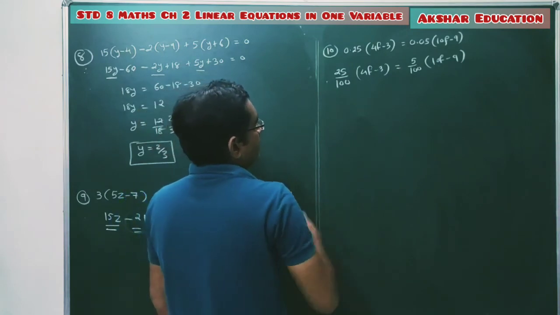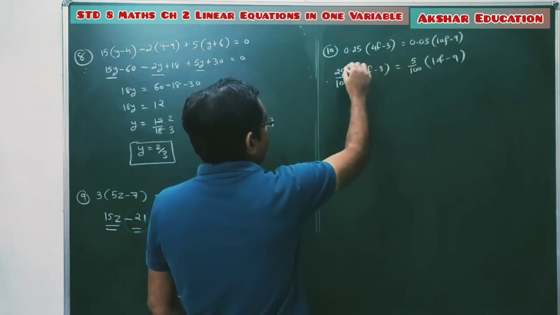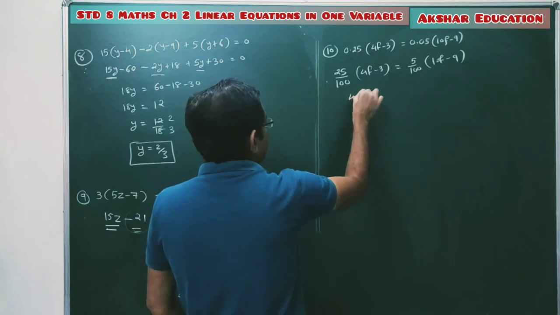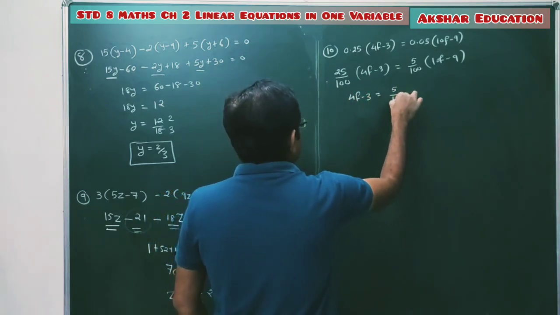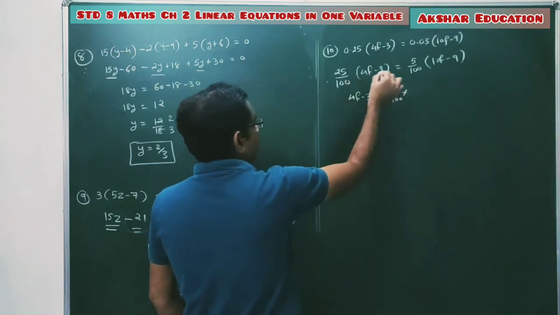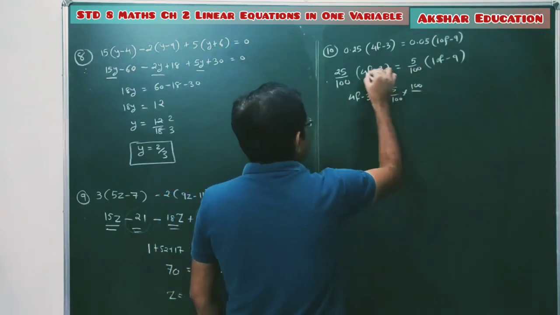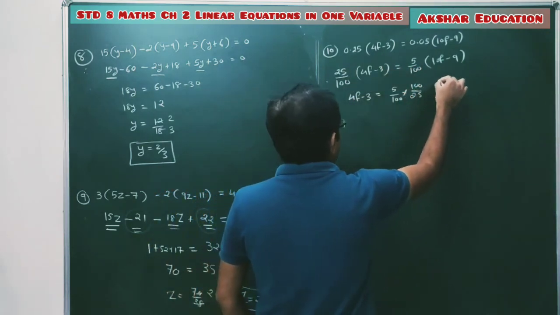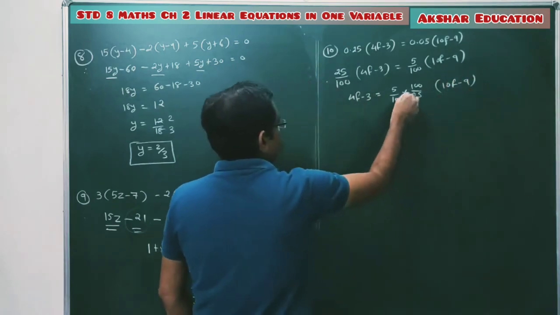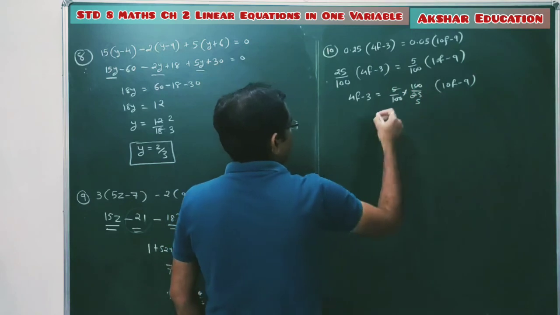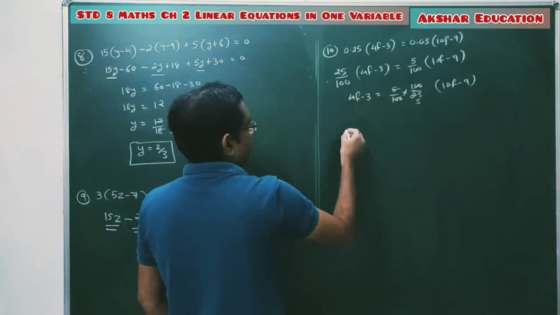So what we can do, take this 100 to the numerator, 25 in the denominator. So this will be 4f minus 3 equal to 5 upon 100. This will go into the numerator, so 100. This will come into the denominator, so it's 1 upon, and this will be 10f minus 9 as it is. So 100 cut, 5 5s are 25. So now take this 5 to multiplication again.